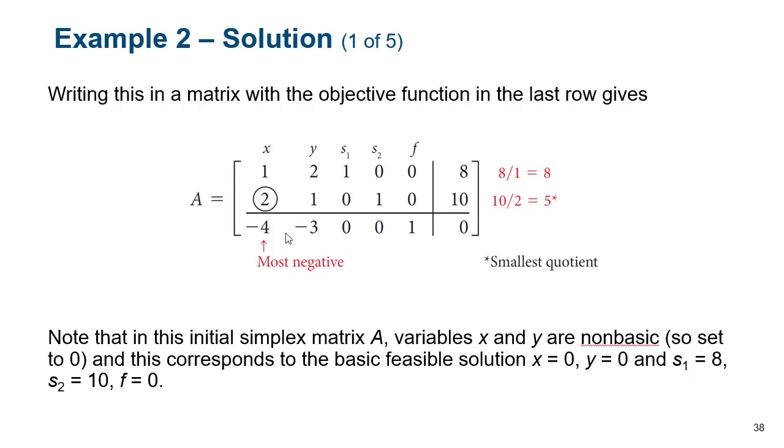And you'll notice that every time we set these things up, x and y are by default non-basic, right? Because they have other non-zero numbers in their columns. And this always corresponds to the basic feasible solution of x equals 0 and y equals 0, basically always starting at that lower left-hand corner of your feasible region.